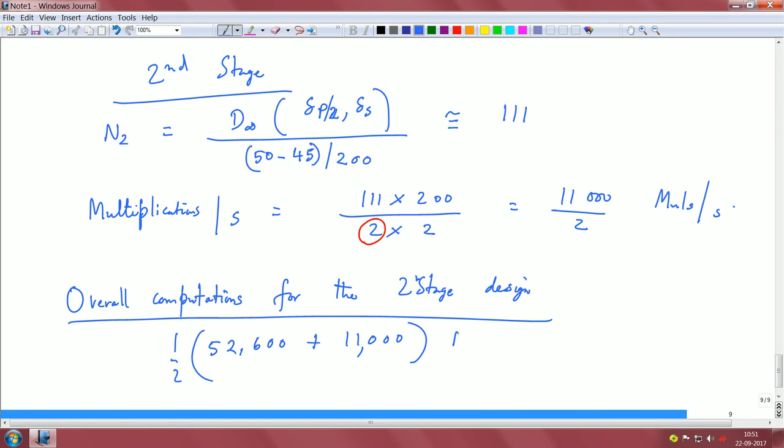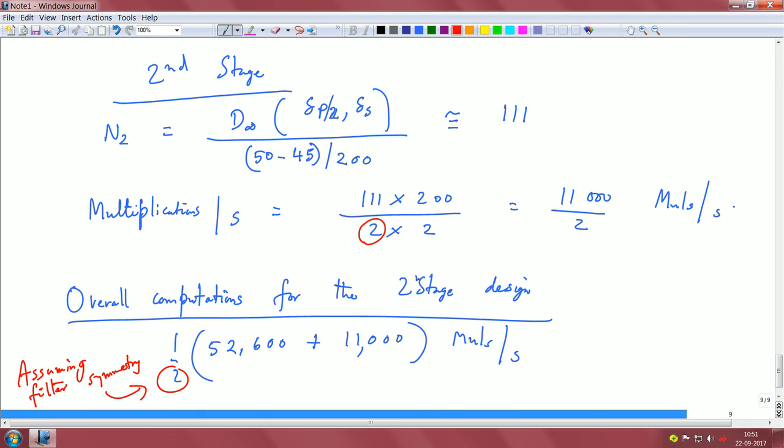So many multiplications per second, and this is assuming some filter symmetry that we want to bring in to simplify this design.